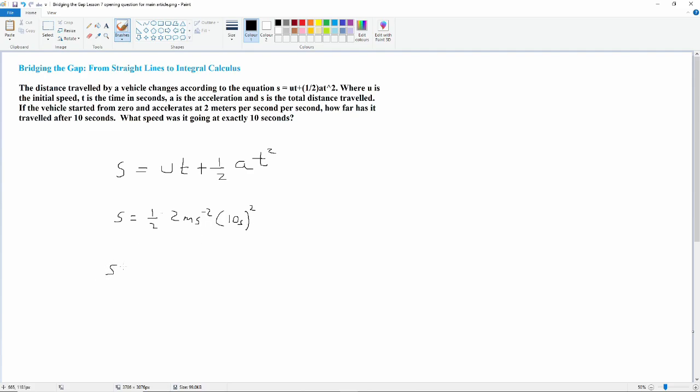Okay, so s is equal to, well, a half times 2 is just 1, so that's 1 meter per second squared multiplied by 10 seconds squared, so that's 100 seconds squared, or 100 square seconds, and 100 square seconds multiplied by 1 meter per square second will just be 100.